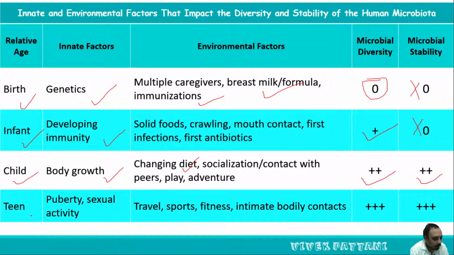Now comes the teen stage, where due to puberty, sexual activity basically starts in a human being. Now comes the other environmental factors. The previous ones are also main ones, but the new factors are that he will travel, sports, fitness, and various other intimate bodily contacts also.